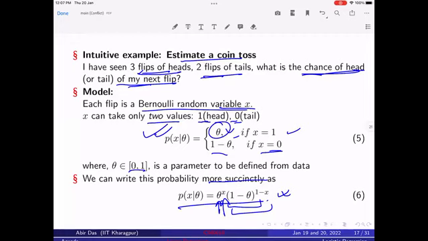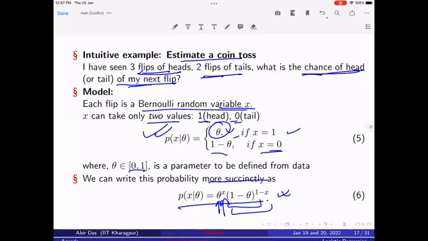You do the experiments, you flip the coin many times, and then the proportion of the number of heads that appears divided by the number of tosses, that gives you the probability of it. So we will see that this actually follows the maximum likelihood formulation.